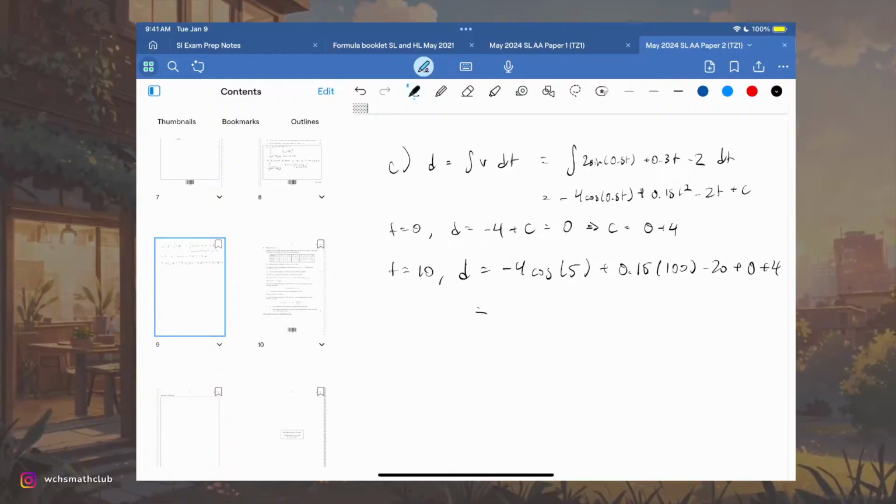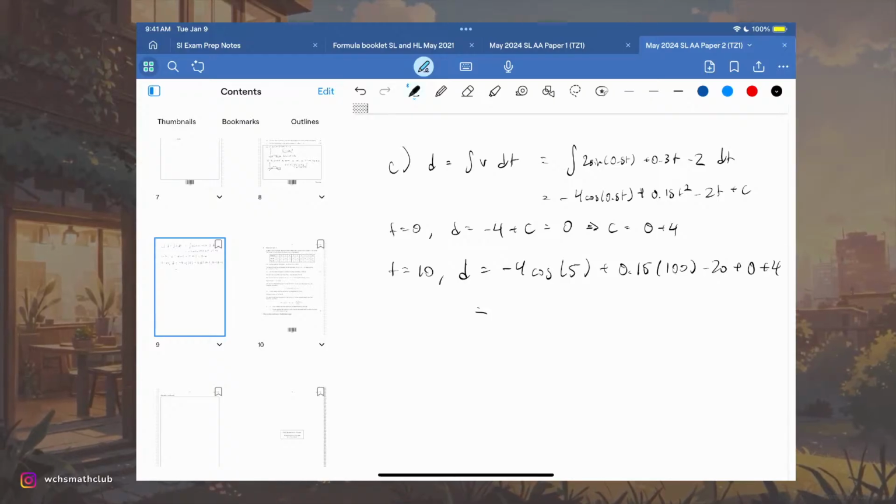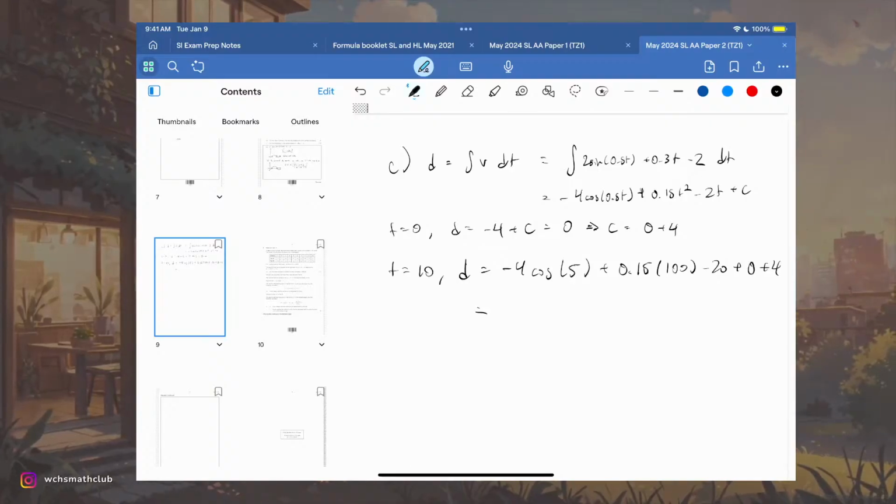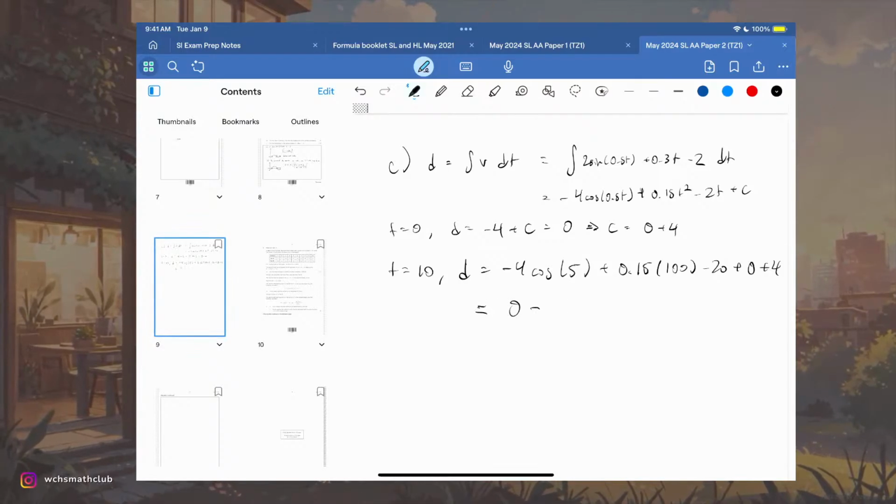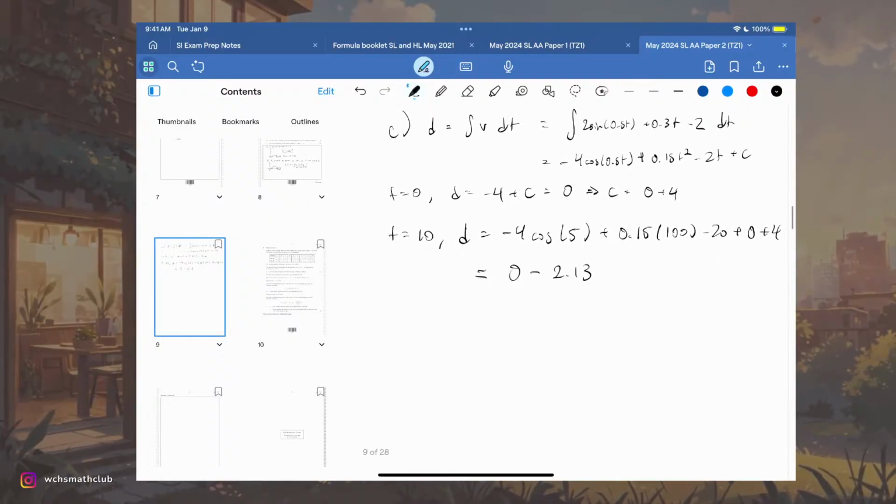And then solve this in our calculator to be roughly, give me 1 second, so 0.15 times 100 minus 20 gives us about O minus 2.13. And of course we want this relative to O.